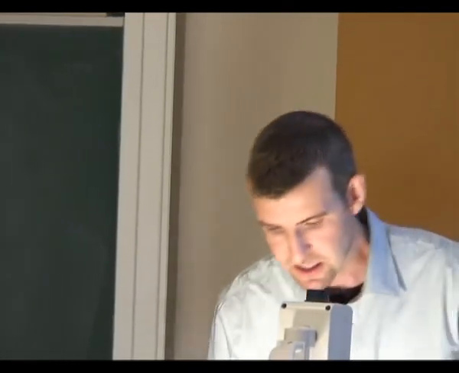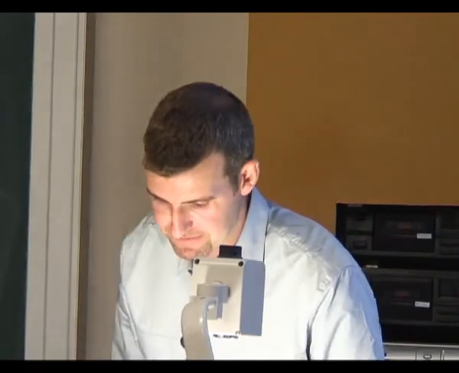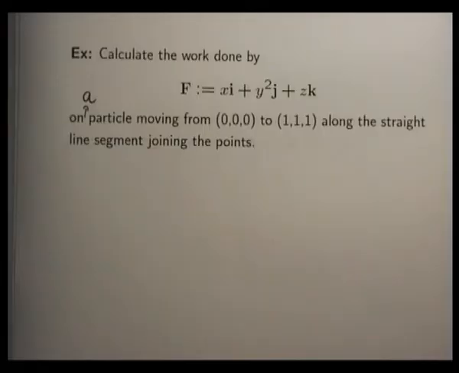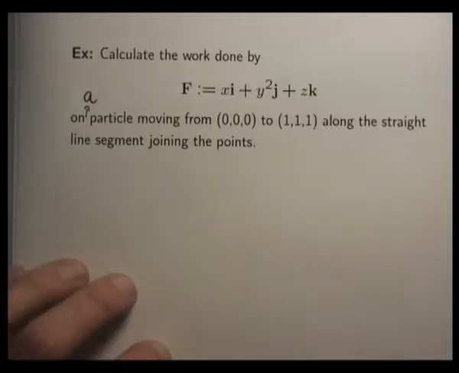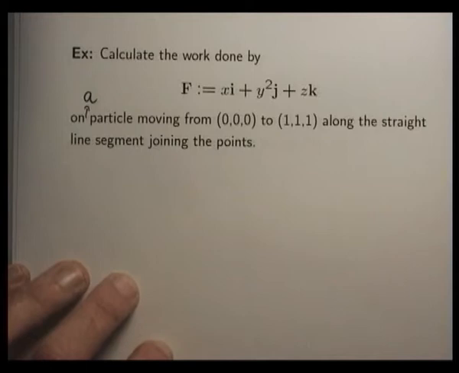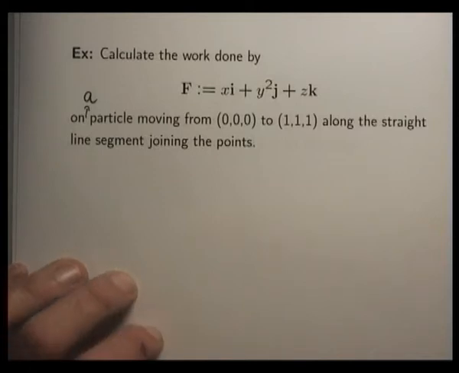All right. So the idea here is the same as a regular line integral. We would parameterize the curve curly C, which is just the straight line segment. And then we would just evaluate F along the line segment, the parameterization, calculate the derivative of our parameterization, dot the two, and integrate. All right.